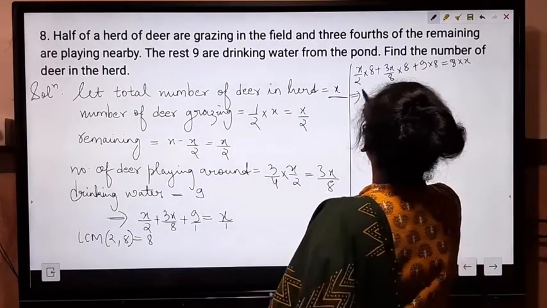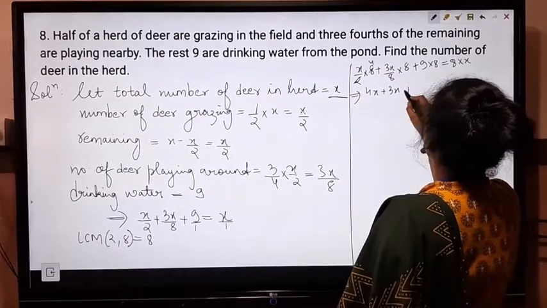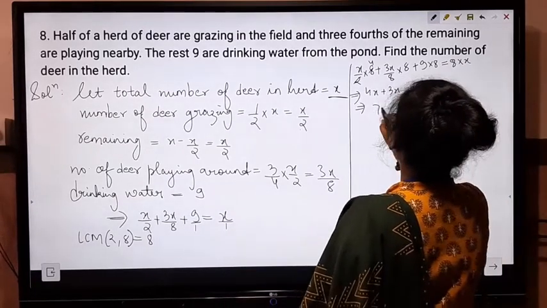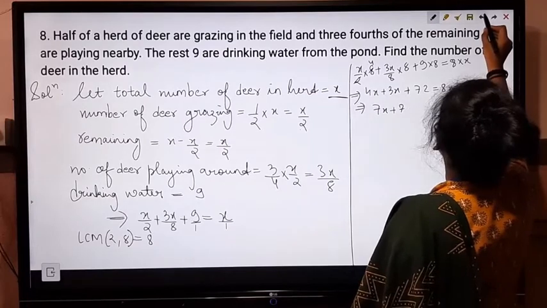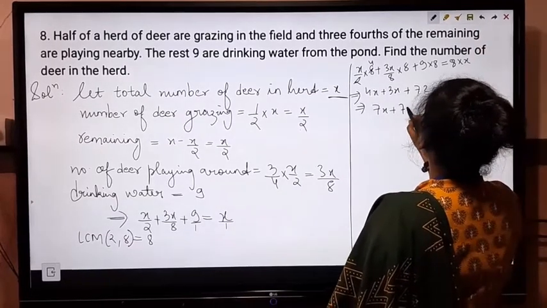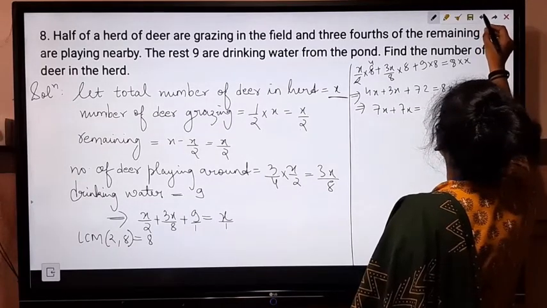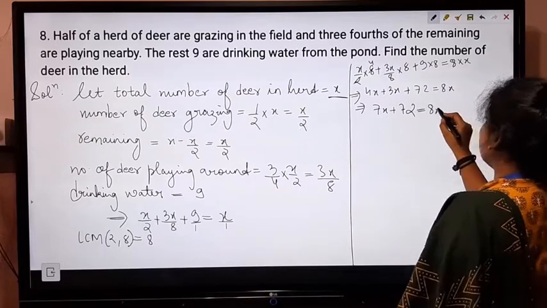So we'll be left with, we can cancel this out, 4x plus 3x plus 72 equal to 8x. So this value will be 7x plus 72 equals to 8x.